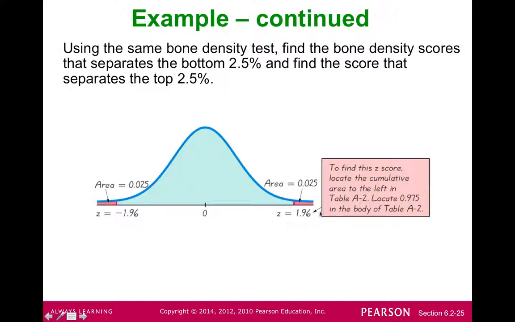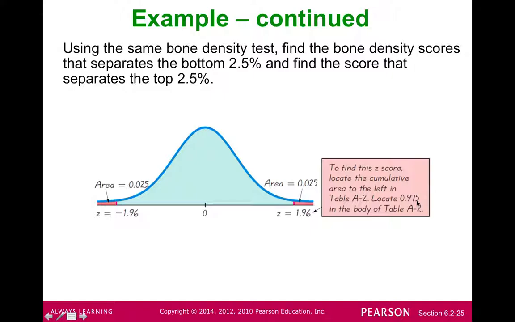You can also find this z-score one other way, if you wanted to do it the long way. You'll get the same answer. Let's back up. We talked about how the area under the curve is equal to 1. So if we take this little area that is to the right of our z, and we subtract that from 1, we would find that the remaining area, so everything from this z all the way this way, is 0.975.